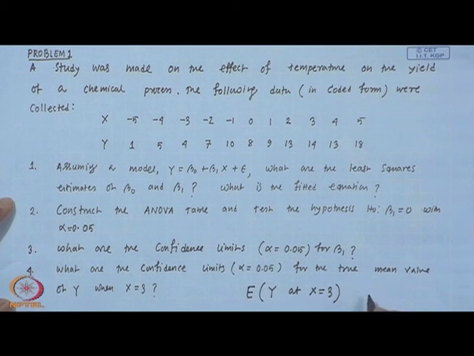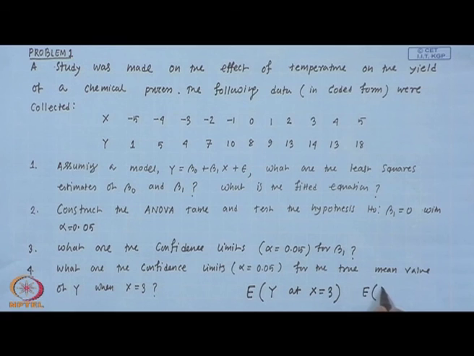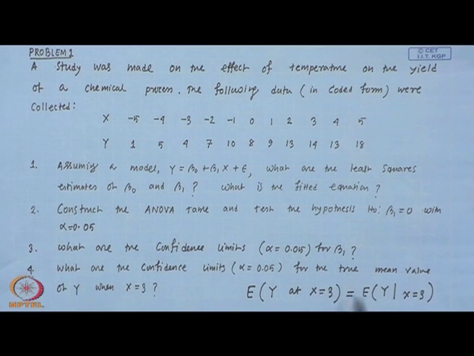And in the first module in the simple linear regression model, we denoted this by expectation of y given x equal to 3. Maybe we should not use this notation because x is not a random variable, but both are the same. So, we have to find the confidence interval for this mean value at x equal to 3.